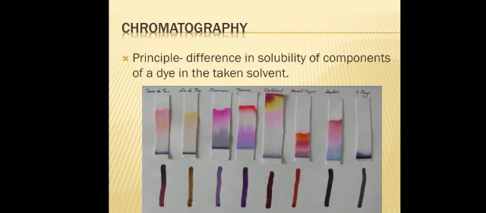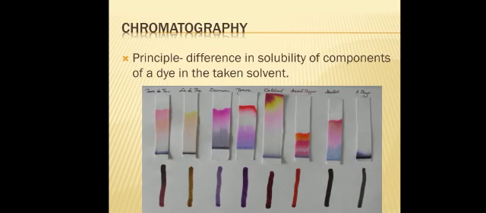For this process, we need a unique type of paper which is known as chromatography paper. The solvent required for paper chromatography is a 50% mixture of alcohol and water.